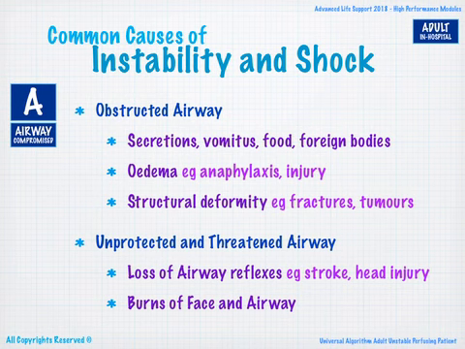There's no gag reflex, there's no cough reflex, and any secretions in the airway has a risk of going directly into the breathing passages. The airway can be unprotected and threatened because of burns on the face and the airway, resulting in very quickly developing mucosal edema and blockage of the airway very early on. And in these situations, a definitive airway is needed very early.